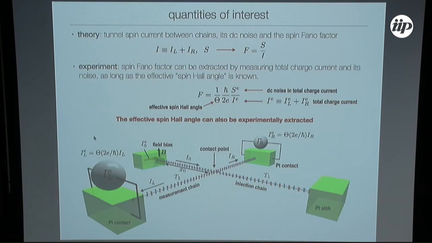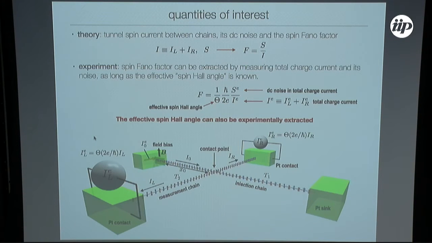So I'm going to lump all of that into this parameter, the spin Hall angle, and just assume that the charge current generated by this impinging spin current is proportional to the spin current. But that spin Hall angle enters the expression for the Fano factor that we can calculate. So without knowing this, we cannot directly link the physical quantity that they measure to the Fano factor.